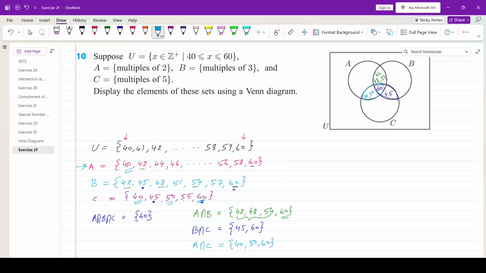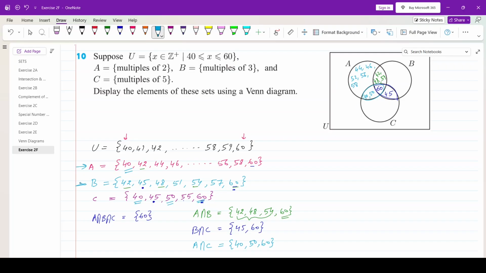So it starts at 40. 40 is written, 42 is written, 44 is not written, so 44 will come here. 46, 48 is written, 50, 52 will come, 54 is written already, 56 will come here, 58 will be written over here, 60 we have already written.